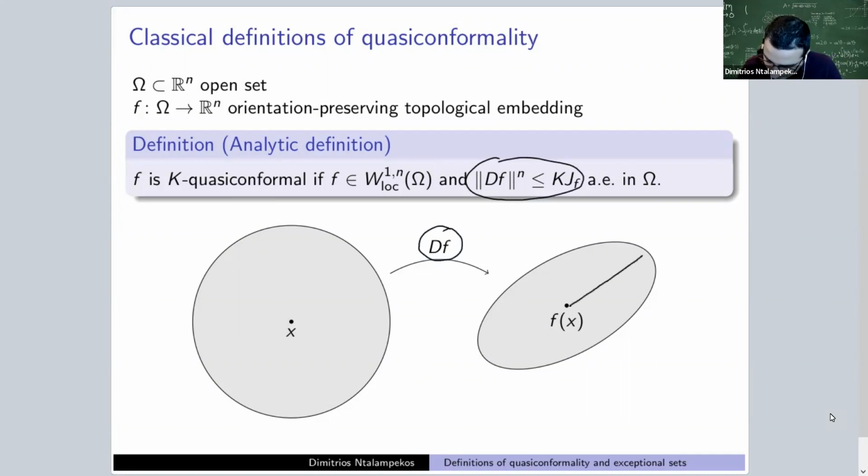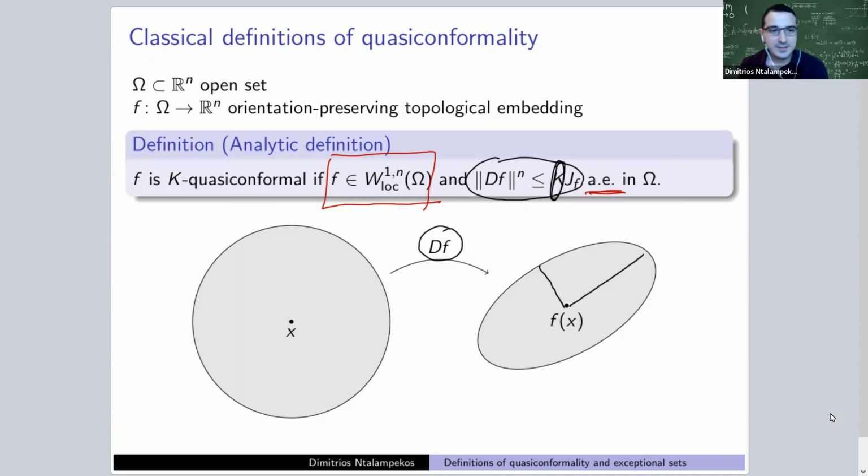And the eccentricity of the ellipse, which is the ratio of the major to the minor axis, is bounded by K. Now, this condition is required to hold almost everywhere. However, the distortion inequality just by itself does not give quasiconformality. So it is very important that we also have this regularity. Again, it's not sufficient to require that almost everywhere we have this picture.